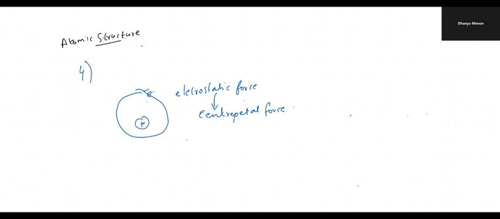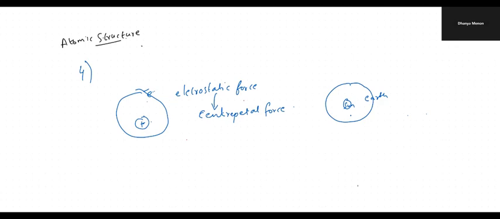When the Earth is revolving around the sun, there is gravity between the Earth and the sun. So that gravitational force is converted into the centripetal force. So similarly here, the electrostatic force of attraction between the electrons and the nucleus is converted into centripetal force.